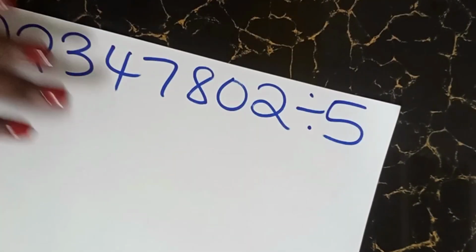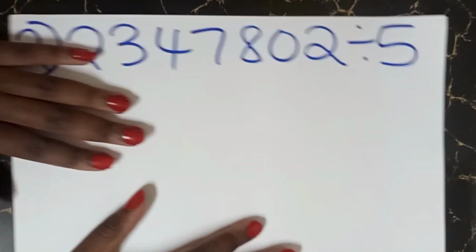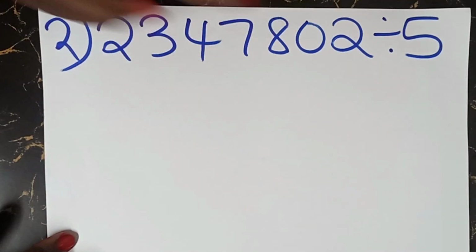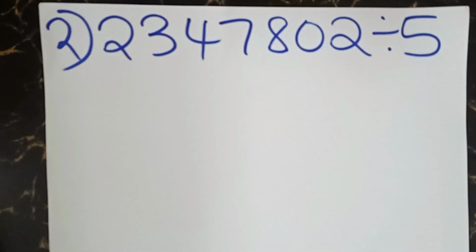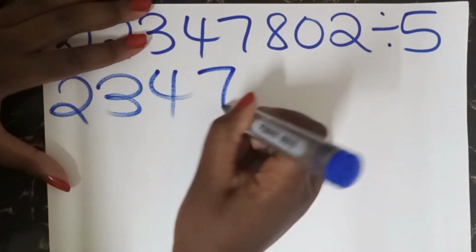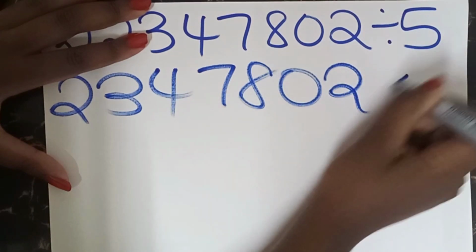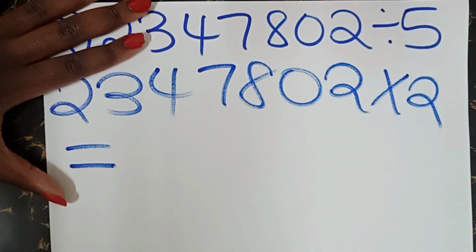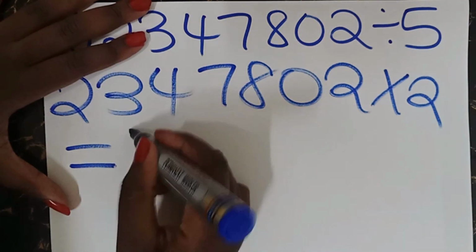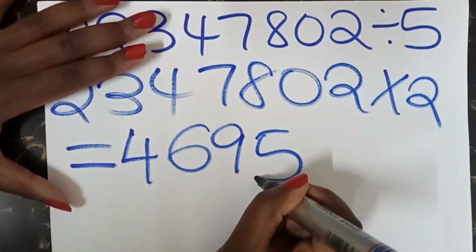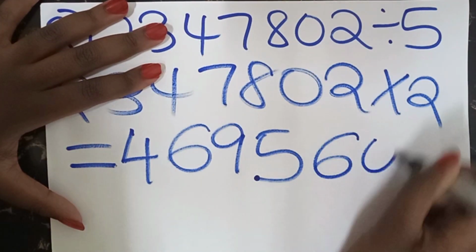Okay, let's go through another example. So the first step will be to multiply this number by 2. So when you multiply this number by 2, what do you get? You're supposed to get this number here.